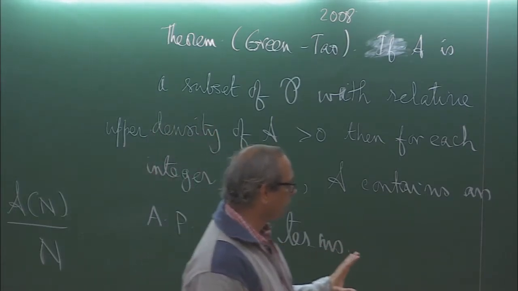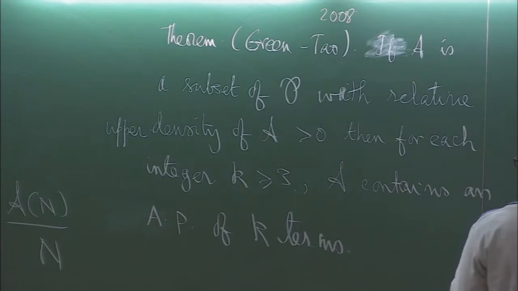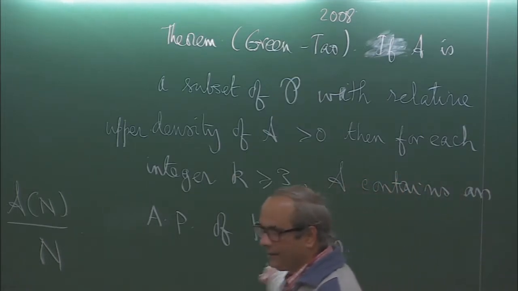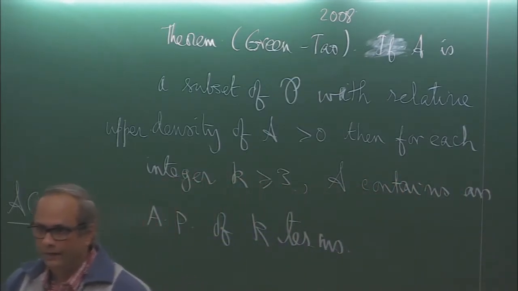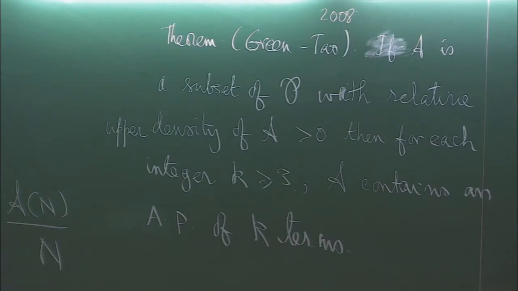Arithmetic progressions in 3 terms are an especially interesting case because they are much simpler than analyzing k-term arithmetic progressions. Of course, a 3-term arithmetic progression by this definition is simply a, a plus d, a plus 2d.